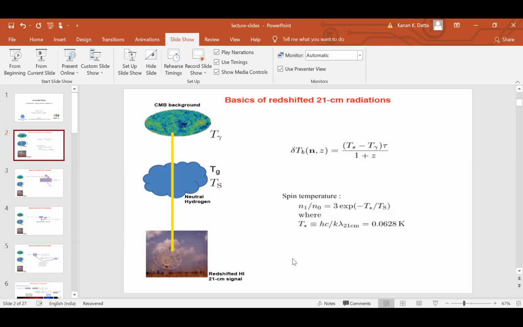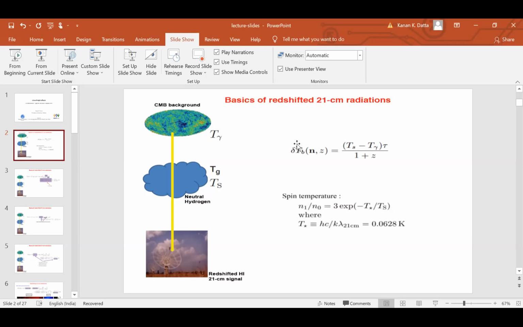We have already heard from Somnath's talk about the basics of the 21 centimeter signal. Let me quickly go through it for completeness. As you have heard, the basic measurable quantity in 21 centimeter cosmology is the differential brightness temperature, delta T_B, which is a function of the direction you are looking at and the redshift. Redshift is also the proxy for cosmic time.